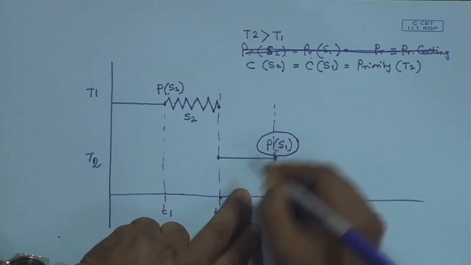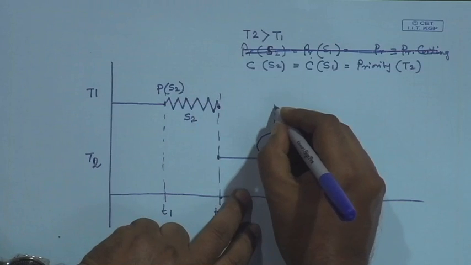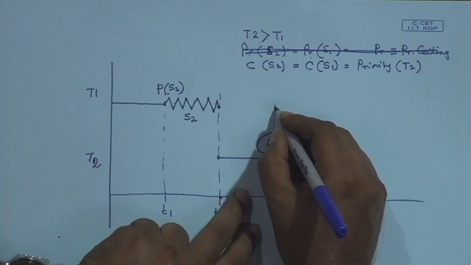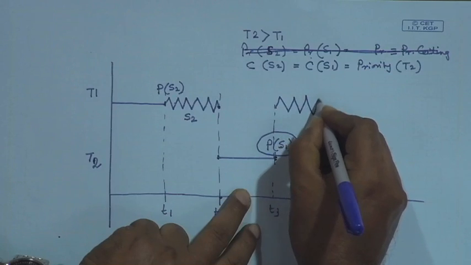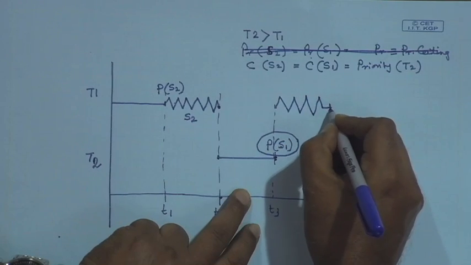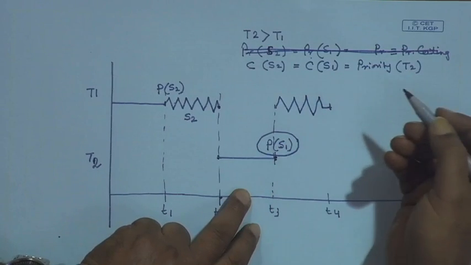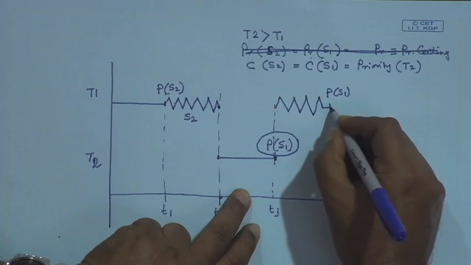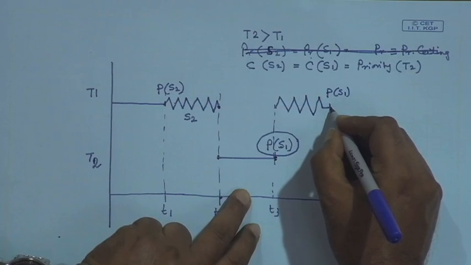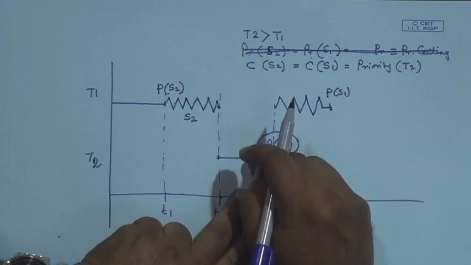Instead, I will allow T1 to go on, and maybe somewhere down the line it asks for P(S1), and it will get it here, because that one is waiting.